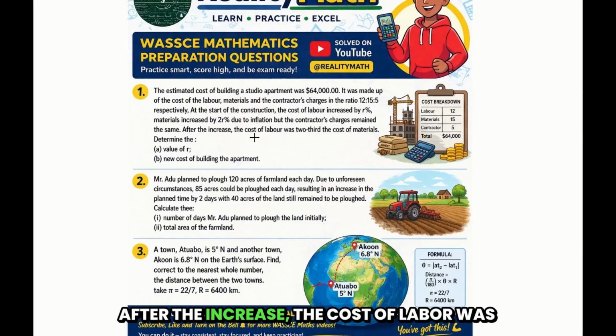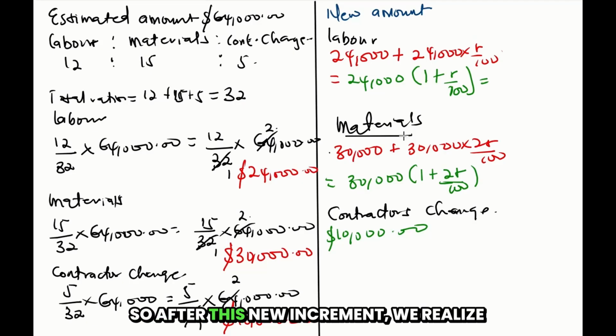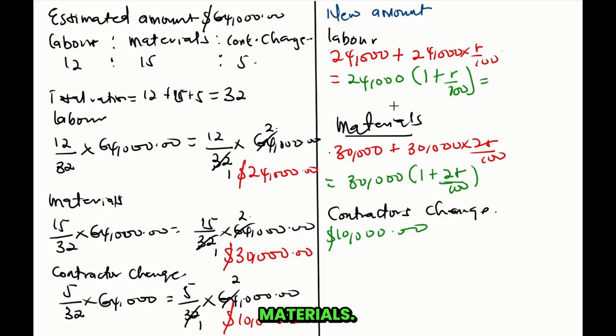After the increase, the cost of labor was 2/3 the cost of materials. So after this new increment, we realize that the cost of labor, which is this one, was 2/3 that of the cost of the materials.